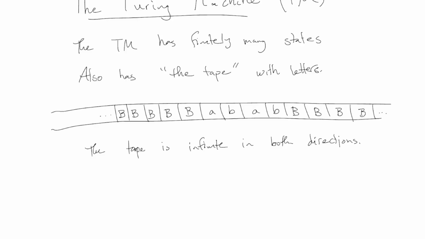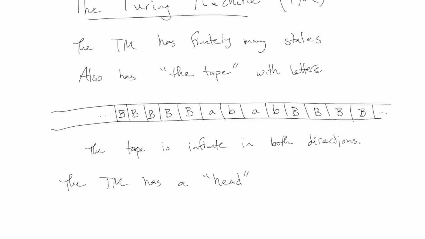All right, the tape is infinite in both directions, and the machine has what is called the head. So the Turing machine has a head, and the head you should imagine as like a little gadget that moves back and forth along the tape.